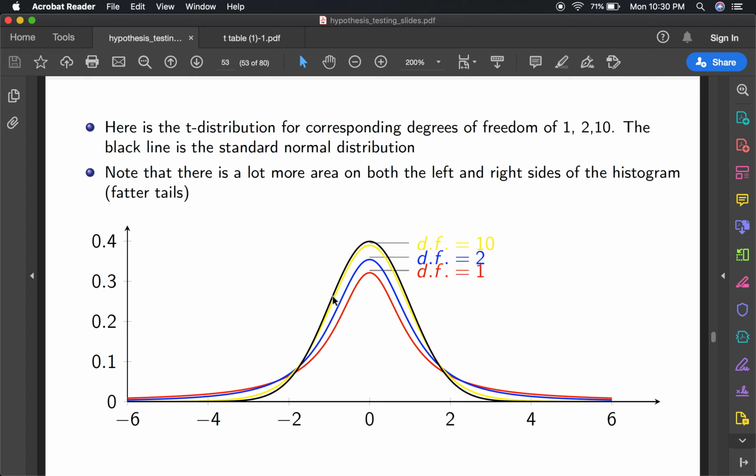So you can see that the yellow sort of mirrors the black, and so as we have larger sample sizes, we won't necessarily need to worry about using the t-distribution versus the normal distribution. But as we have smaller sample sizes, it will start to matter.